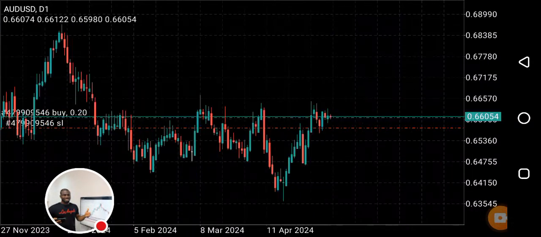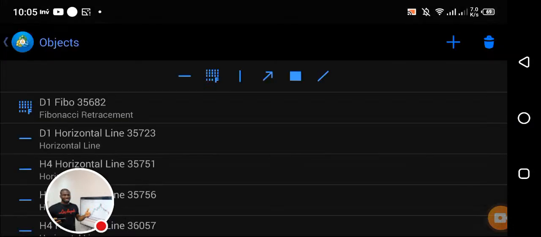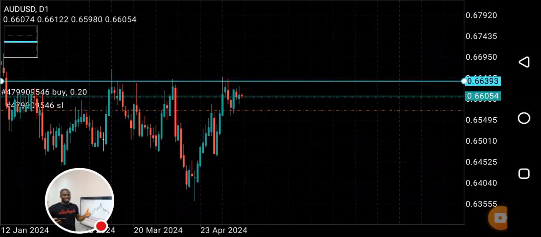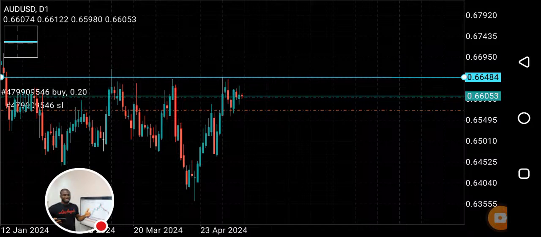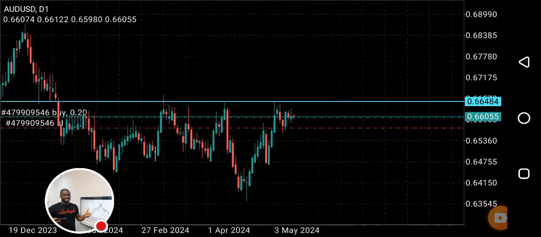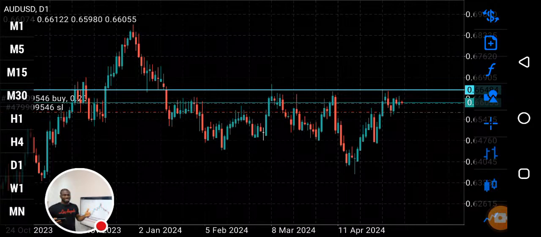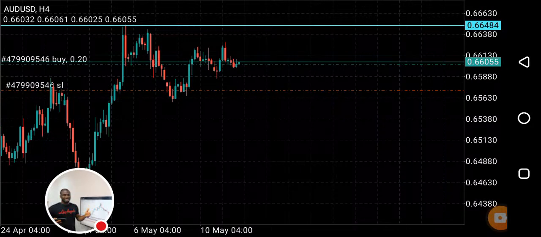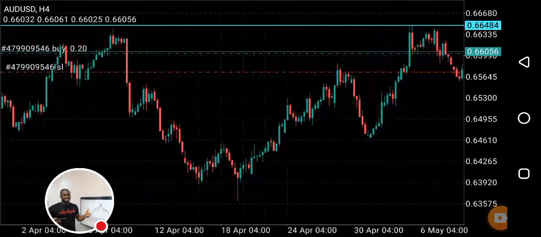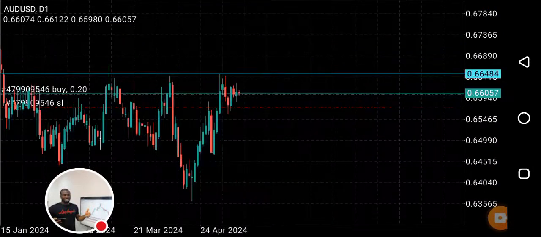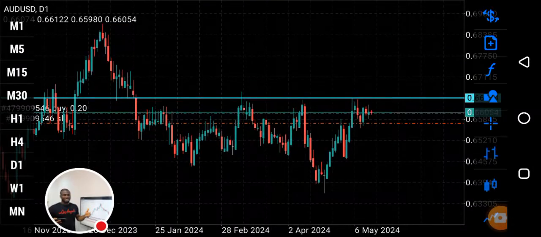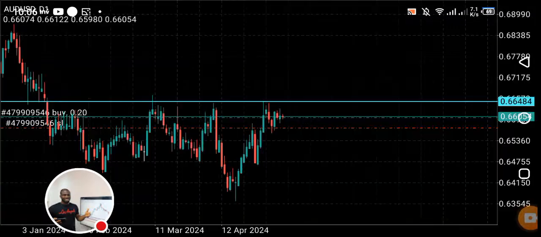Okay, so you can see at this point, I'm expecting that price liquidity above these highs will be cleared. That's my expectation on Australian dollar USD. You would also notice that we still have a fair value gap. On the daily, we still have a fair value gap here that is yet to be filled.